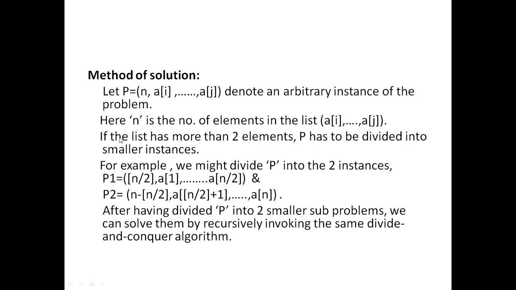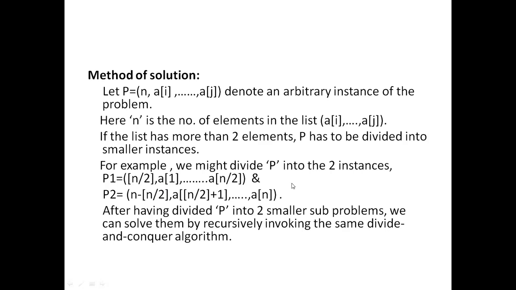So if the list has more than two elements, P has to be divided into smaller instances. For example, P has to be divided into the first half problem P1, which has n by 2 elements out of the total n numbers given. They will be available from the first index up to the n by 2 index.